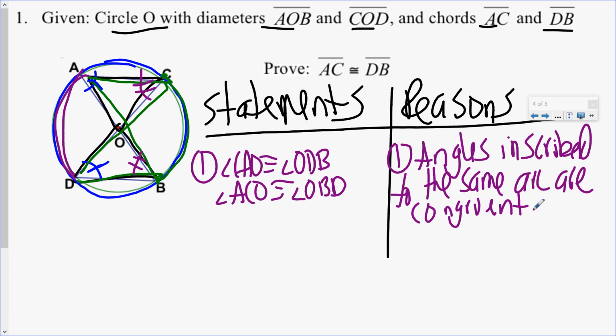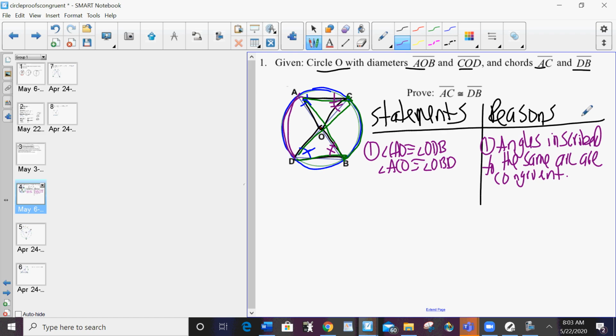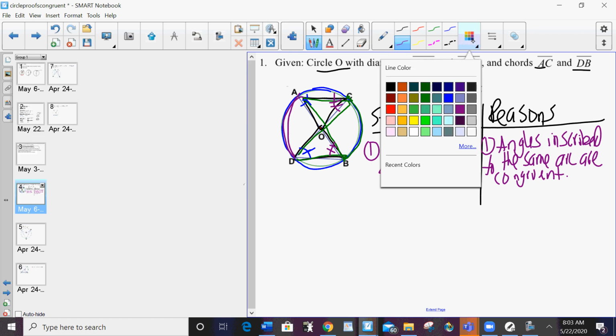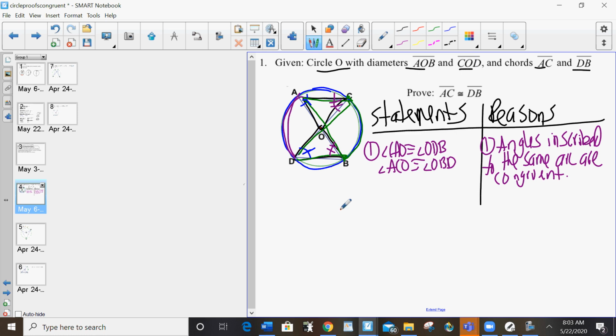So look for inscribed. I got all my inscribes. Inscribed, radii, diameters. Do I see any radii here? Yes, I do see radii. AO is a radius, and AO is a side of the top triangle. OD is a radius, and that's a side of the bottom triangle.